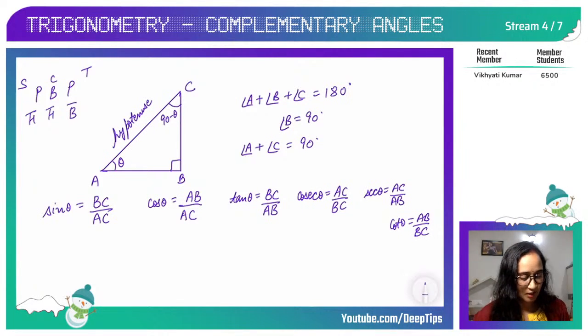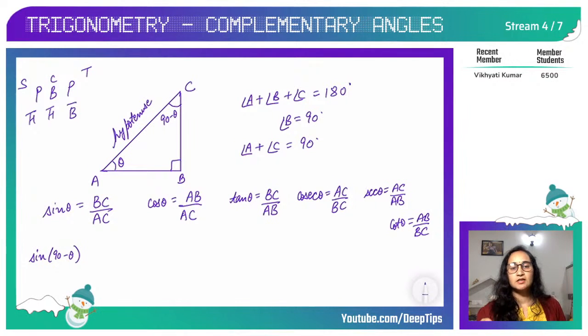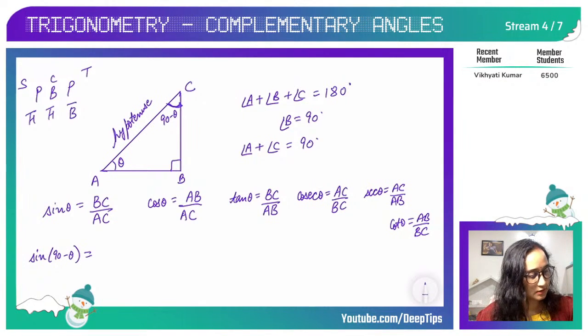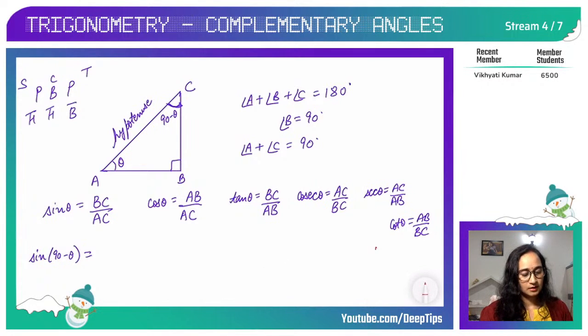Correct? So now sine 90 minus theta is the complementary. 90 minus theta is the complementary of theta. So if I am taking this 90 minus theta, let's change the color. Okay, so if I'm taking 90 minus theta, my base becomes BC and my perpendicular is AB.